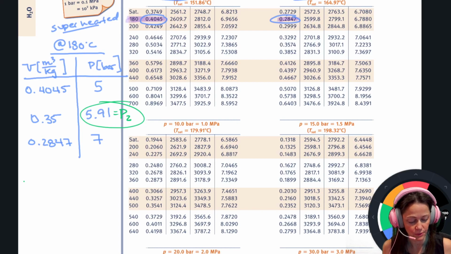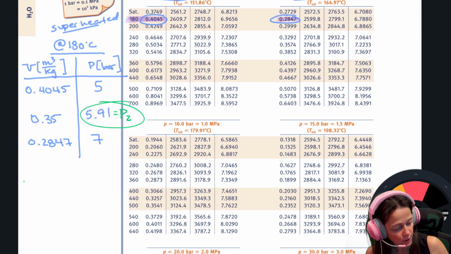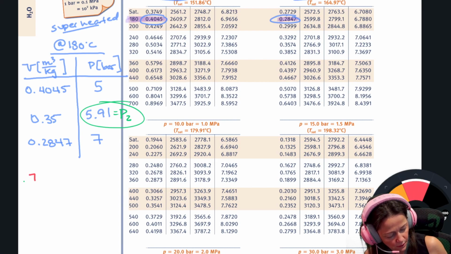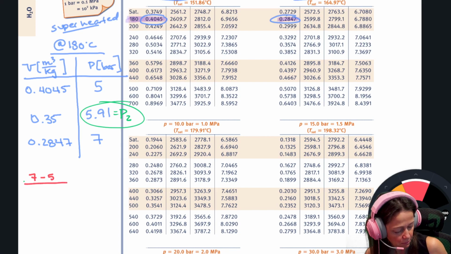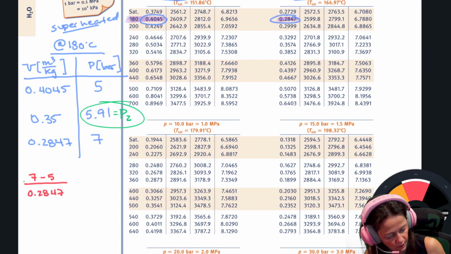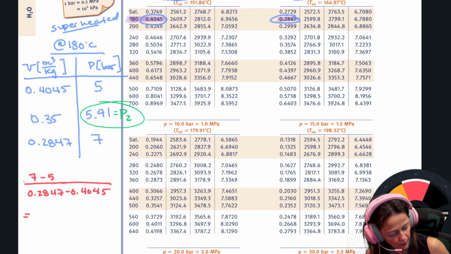So for example, you said 7 minus 5 over 0.2847 minus 0.4045 equals, now going from the top to the bottom, 5 minus P2 over 0.4045 minus 0.35.